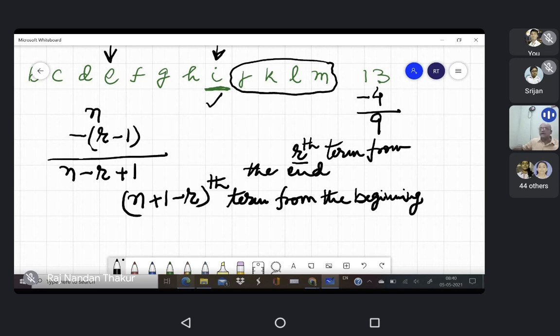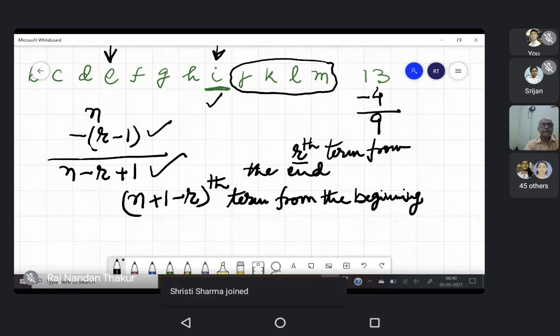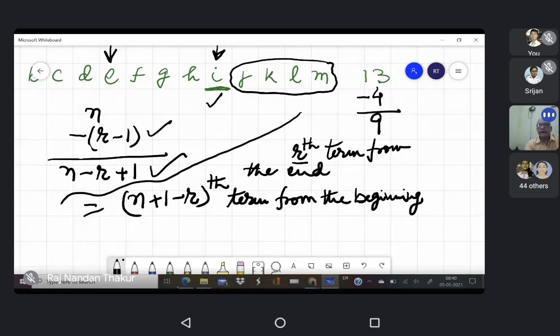Actually, we have subtracted r minus 1 from n, so n minus r plus 1 is correct. But often what happens, the final thing is here: rth term from the end is equal to n plus 1 minus rth term from the beginning. It is written in the material also.